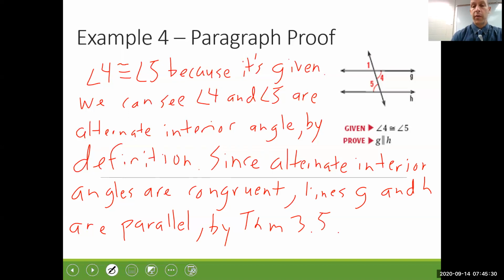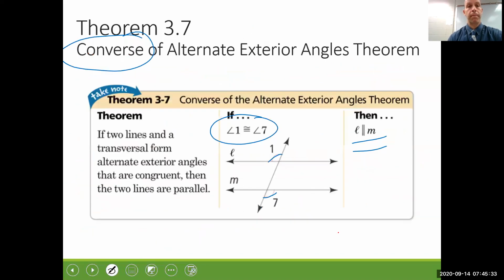I think that was 3.5. I better double check that. Yeah, theorem 3.5.